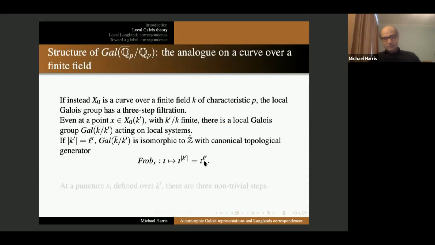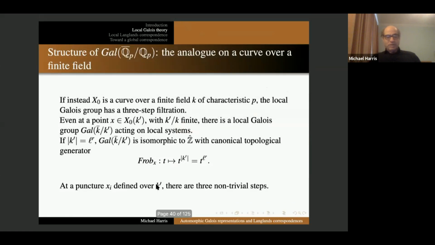I would like this to have been p, but anyway, the Frobenius takes any element in K bar to its power, the power being the order of the fixed field. Then the Galois theory of finite fields tells you that this Frobenius element precisely fixes K prime and it generates the Galois group topologically.